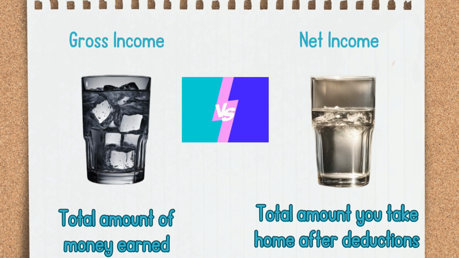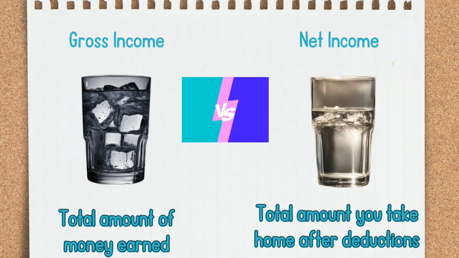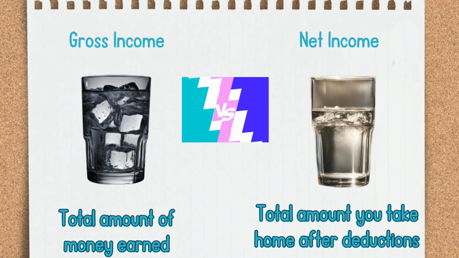So this is just a visual of something to think about when you are thinking of gross income versus your net income. So think of a full glass of water with ice. So it's full to the top with the ice in there. This is the total of money earned for that pay period.